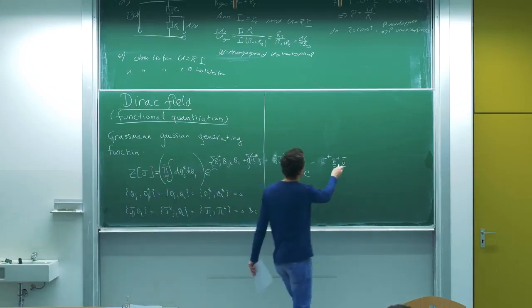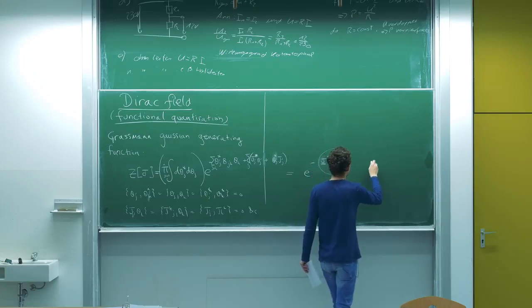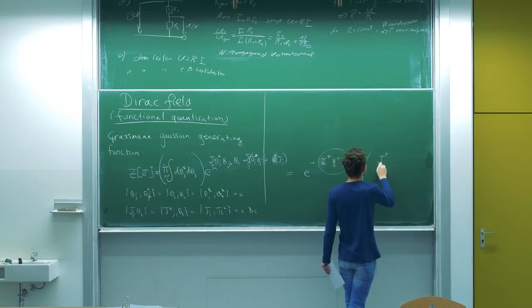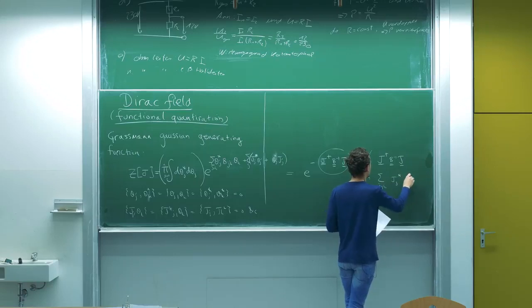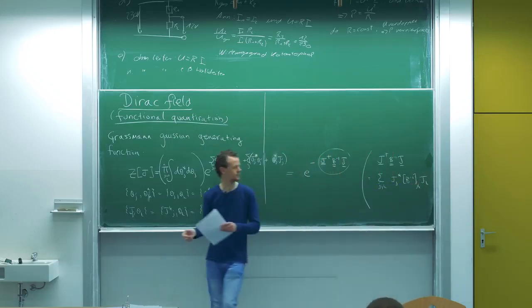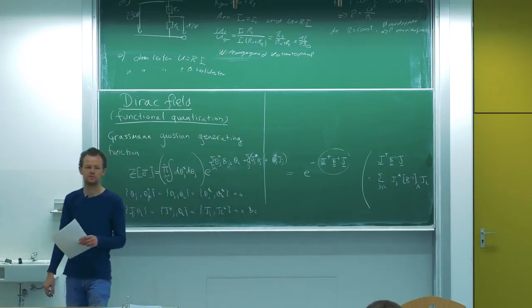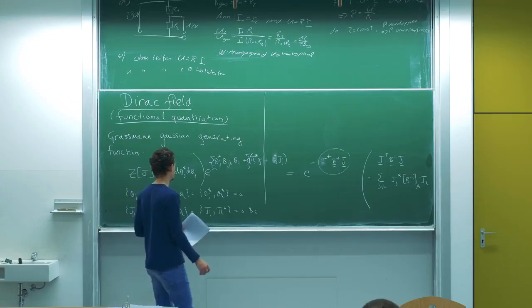And I've used a shorthand notation here already. This stands for that bunch of Grassmann objects.